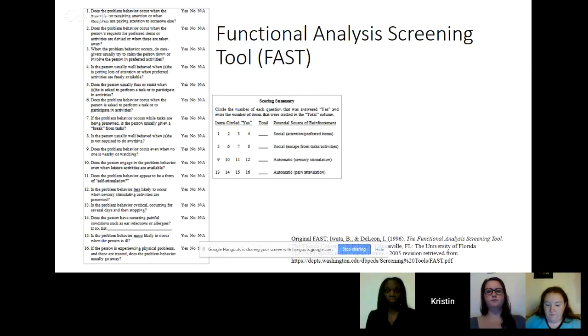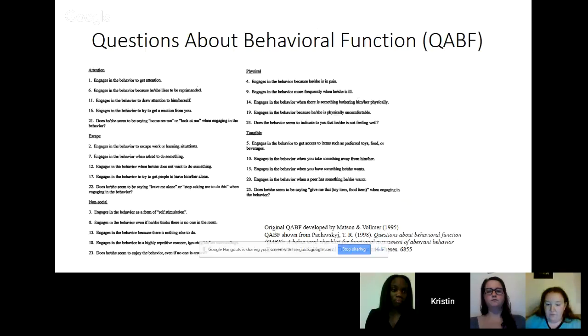Additionally, we have the functional analysis screening tool, which is FAST. This is another parent-caregiver interview questionnaire. And then we have the questions about behavioral function. All of these would most likely be given in interview form.